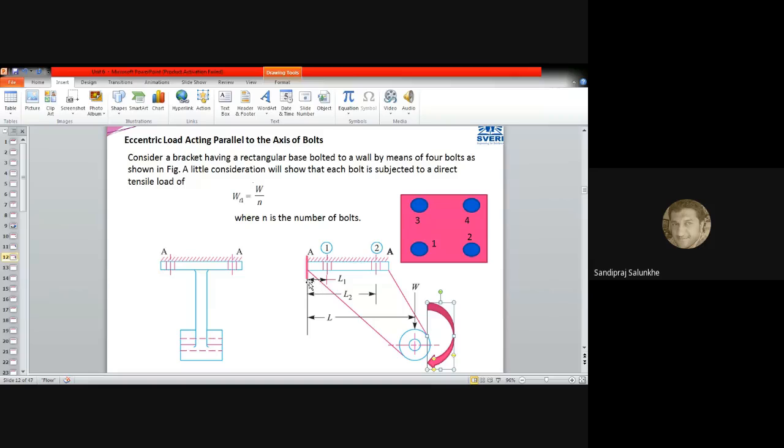Consider that L1 is the distance from the tilting edge of bolt number 1 and bolt number 3, because they are in line with each other. L2 is the distance from the tilting edge of bolt number 2 and 4. And L is the distance of the load acting on the bracket. These L1, L2 and L are the distances from the tilting edge about which this total bracket will tilt.